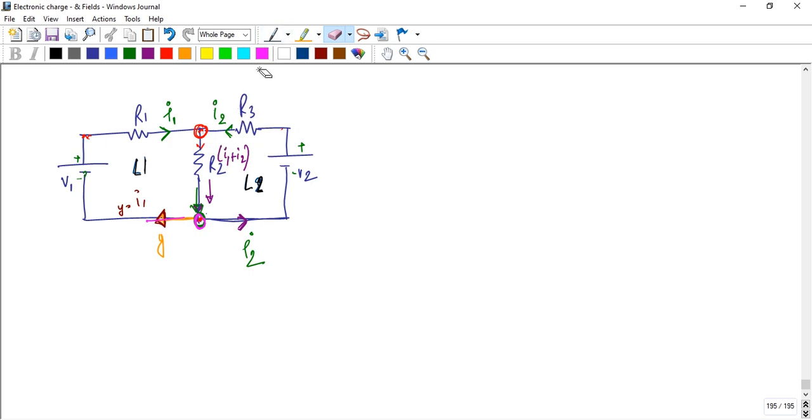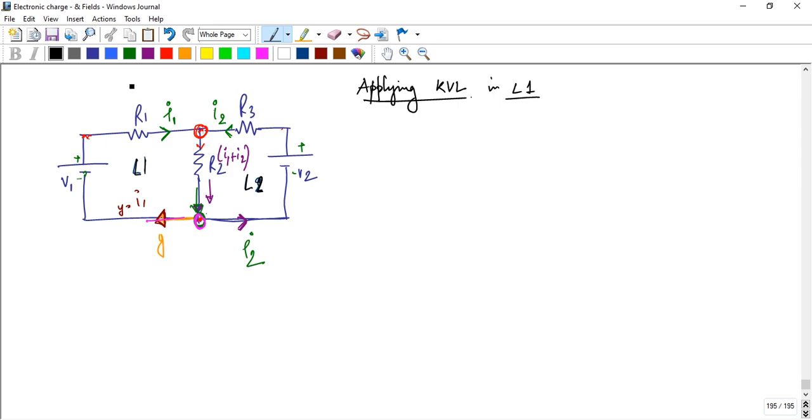Know the value of x. Now applying KVL in loop 1. Choose any arbitrary current direction, either clockwise or anti-clockwise.